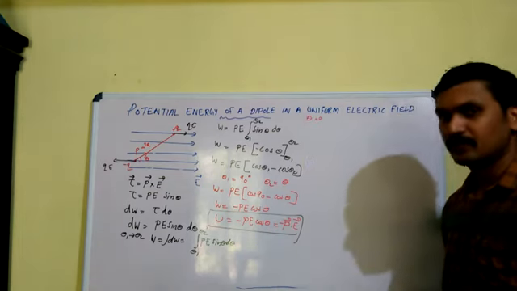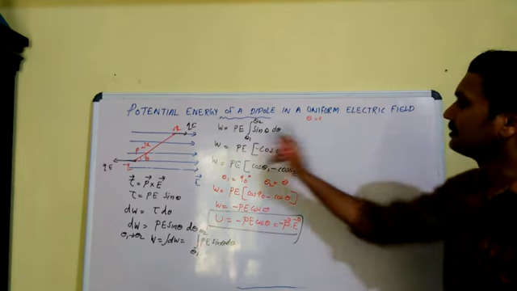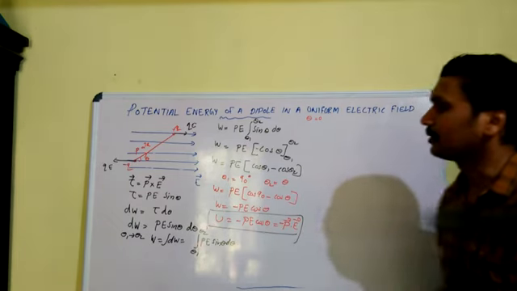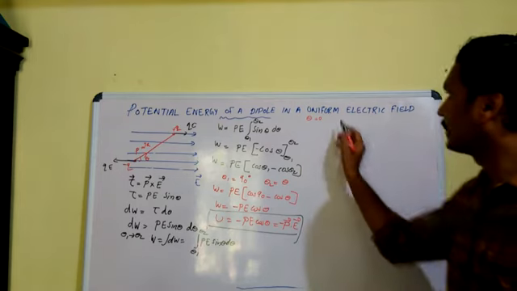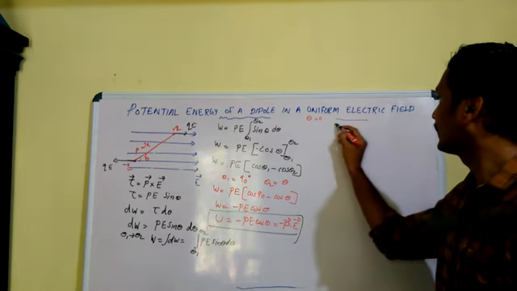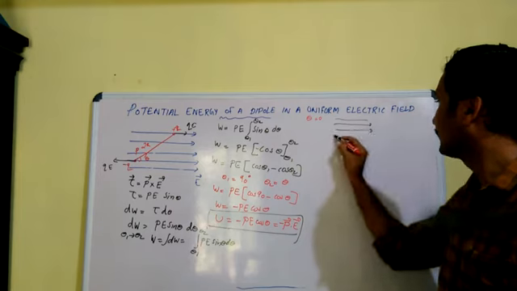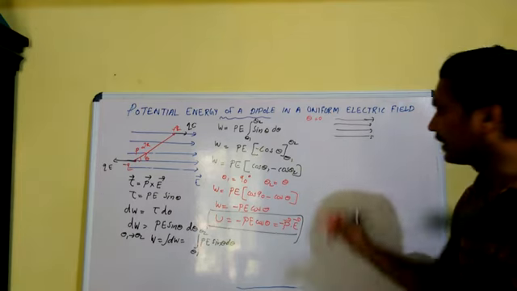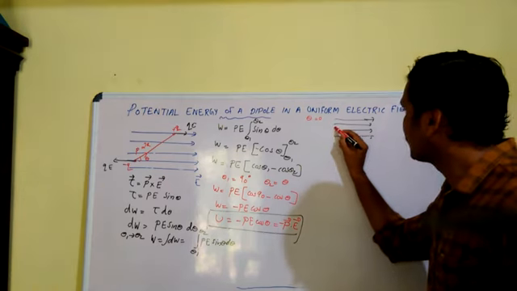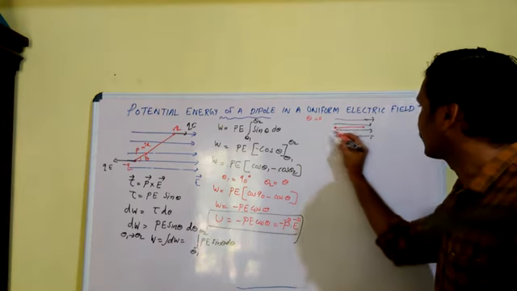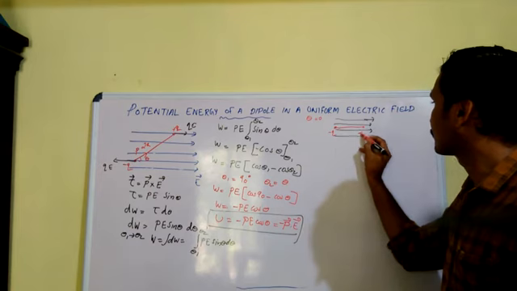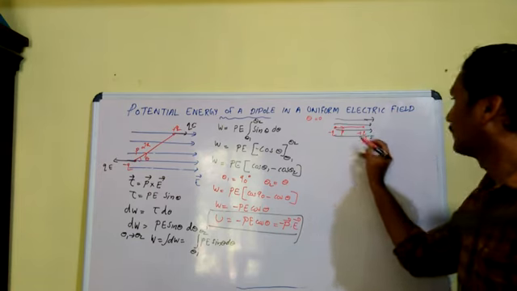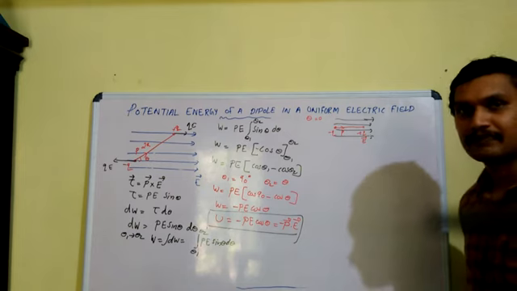This means the dipole is parallel to the electric field. This is the negative charge, this is the positive charge, this is the direction of p and this is the direction of E. P and E are parallel.